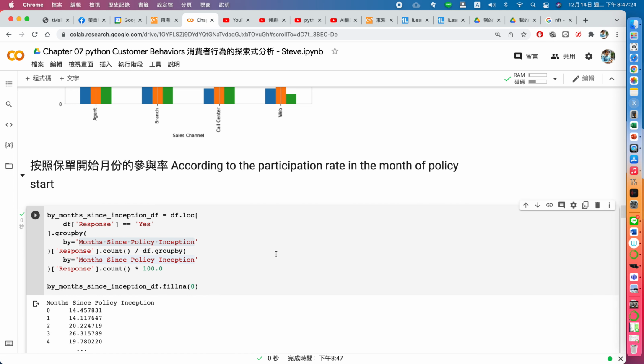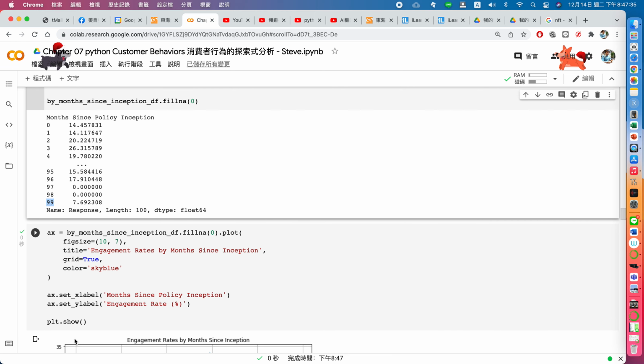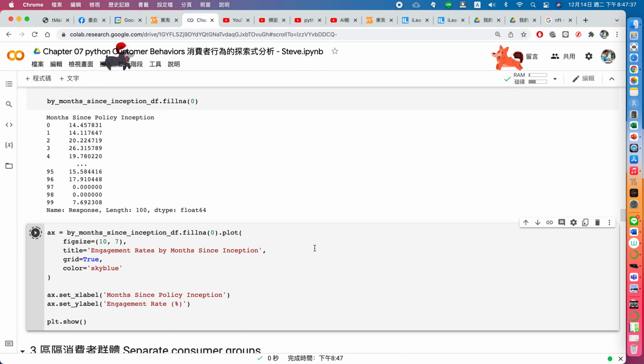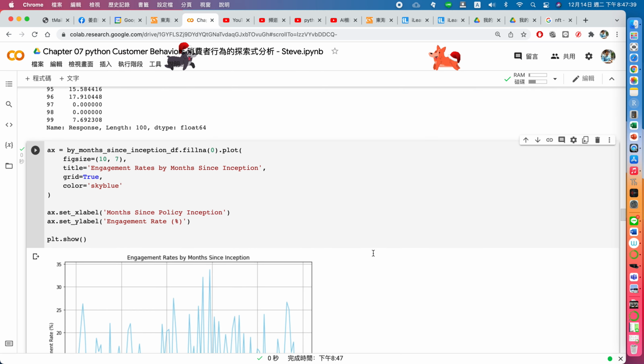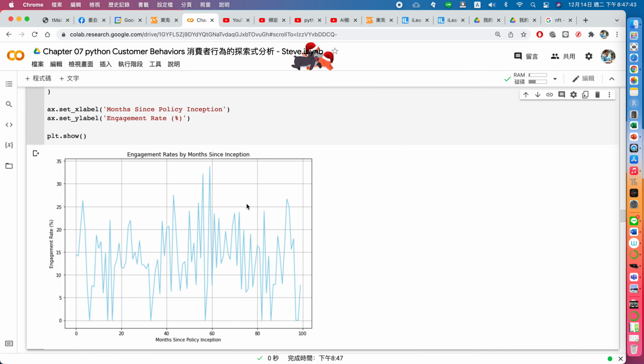It's time to calculate the months since policy inception from 0 all the way to 99 months. Okay, to draw the diagram for the engagement rate by months since inception from 0 months all the way to 99 months. So you know the distribution for the months since policy inception.